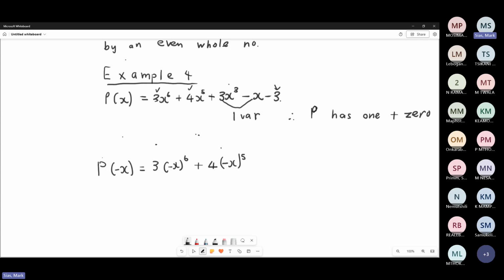So now we encounter the coefficient 3, and inside there, we replace the x with minus x, all cubed. Minus 3, and inside there, we say minus x all cubed. Minus x, okay, and we cube that.